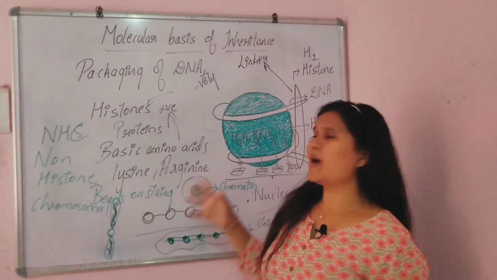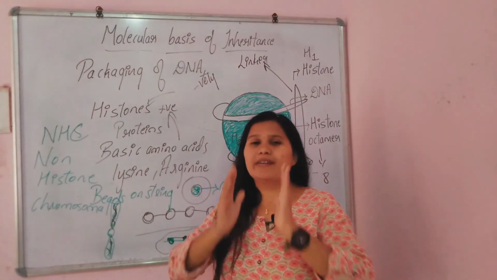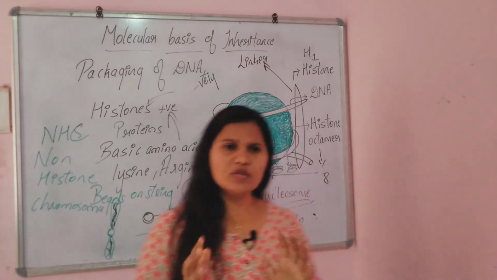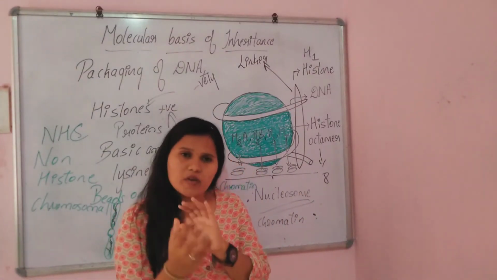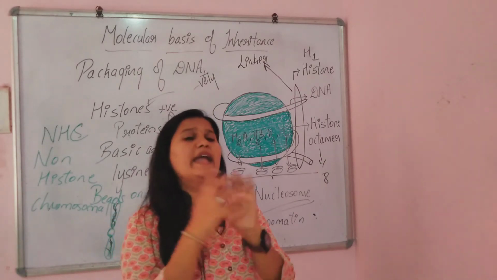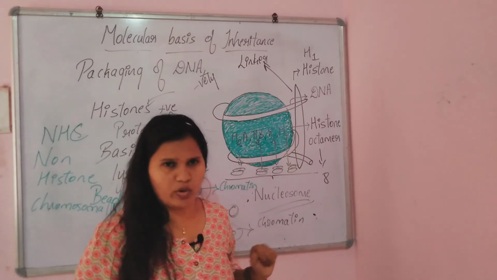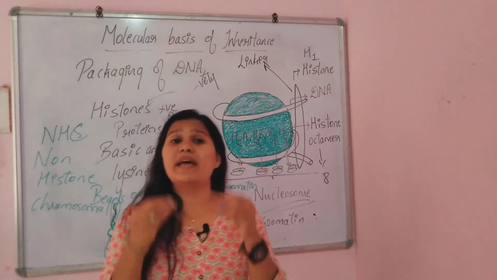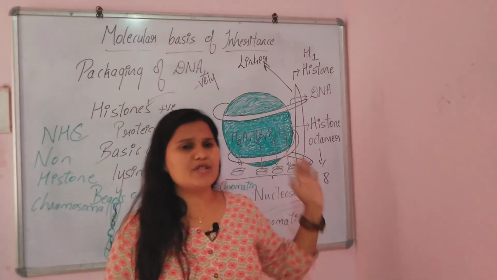So this is all about the packaging of DNA. Is this clear? So let me revise it once again. So how is this DNA packed? This DNA, which is a negatively charged molecule, will get wrapped around the positively charged molecule, that is the histone, where in this histone the 8 molecules will be present, that is H2A, H2B, H3, H4.